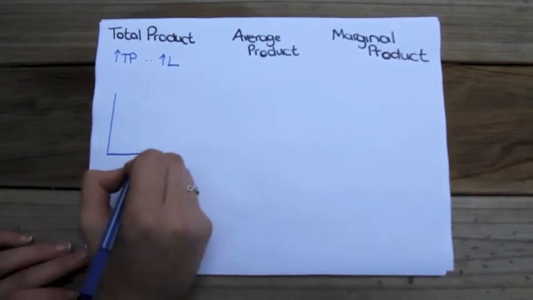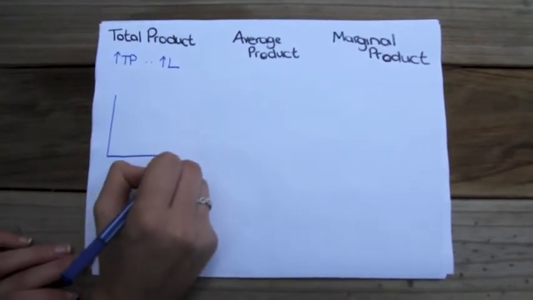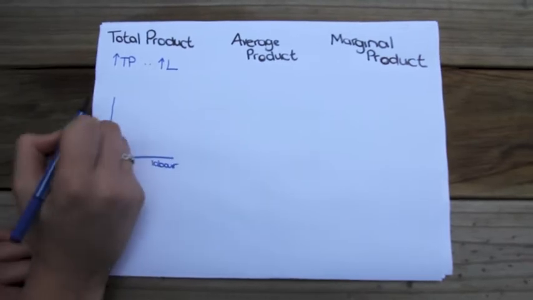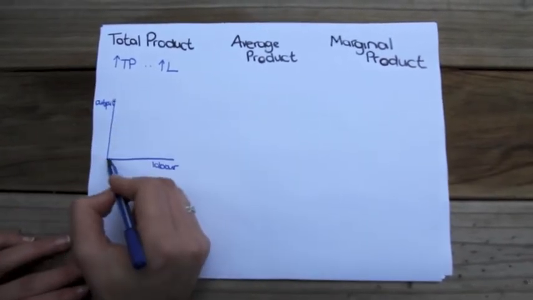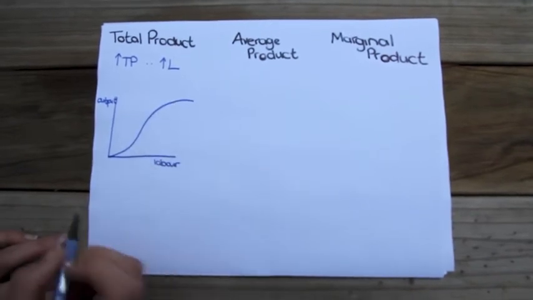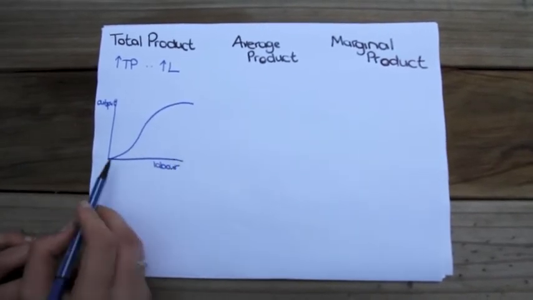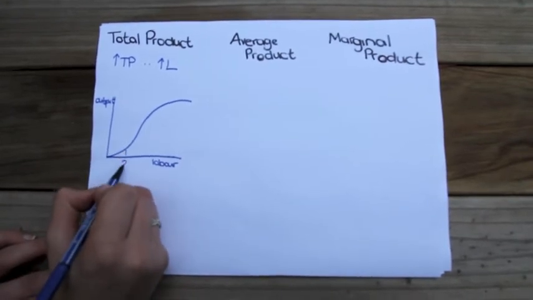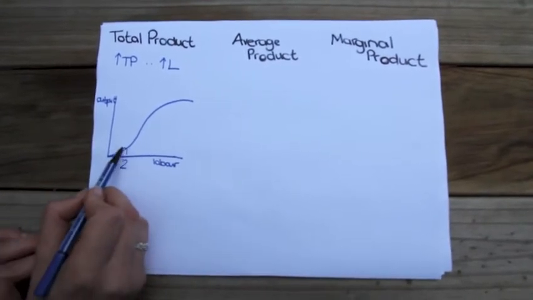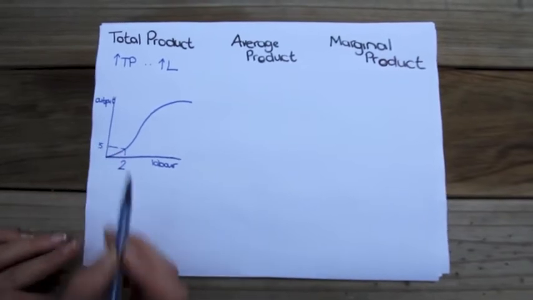On your x-axis we have labor, and on your y-axis we have output. The shape of the graph goes like this: as you increase your labor, your output will increase. For example, if you hire 2 units of labor, you will produce 5 units of output.